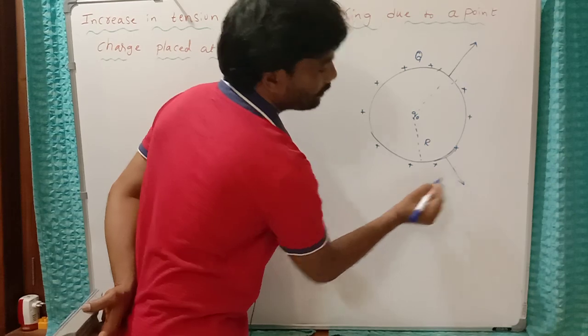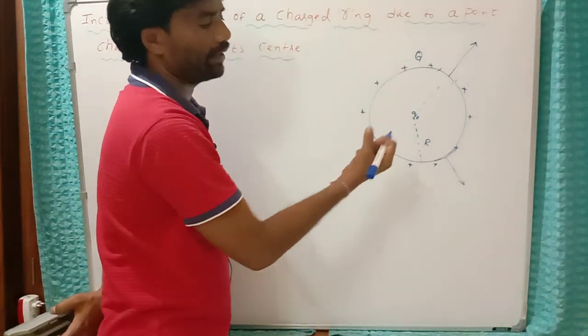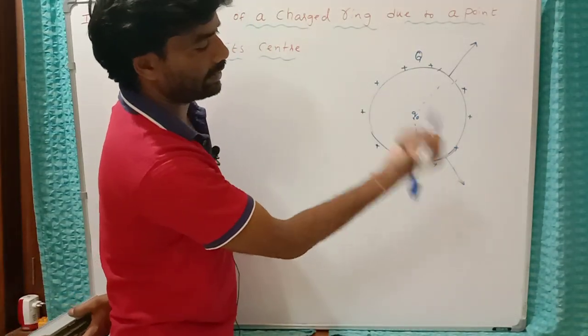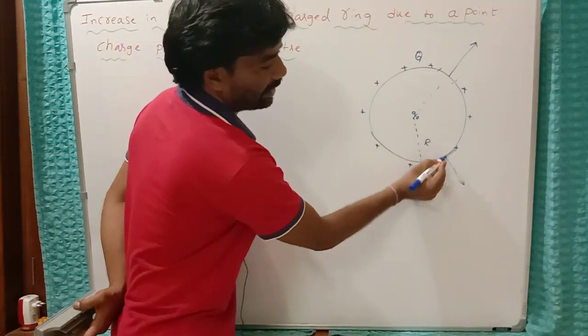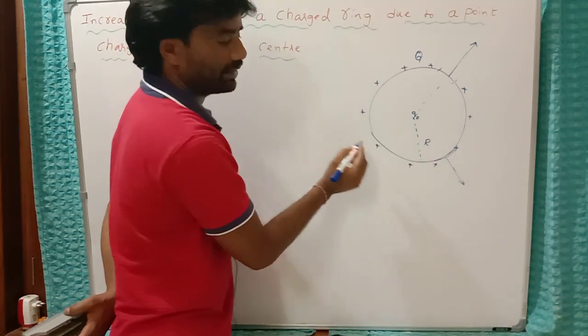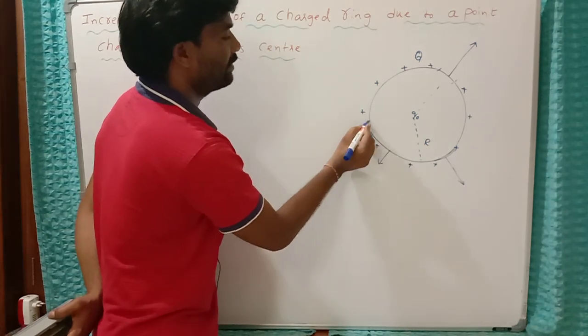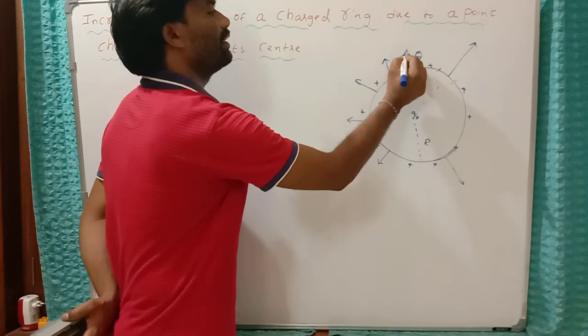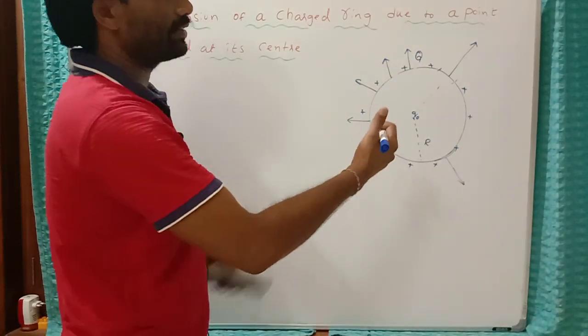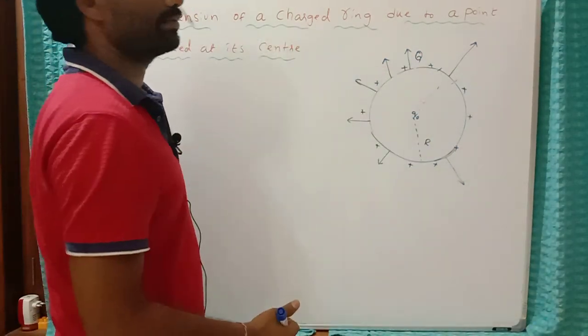The direction of force experienced by any part of the ring will be directed away from the center, radially outward. It means any part of this ring will experience a radial outward force.